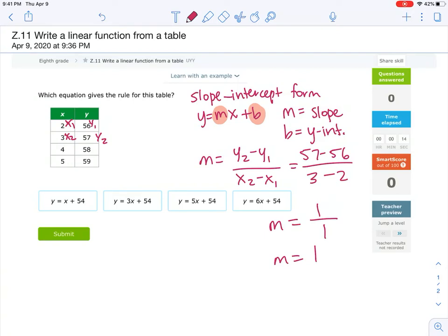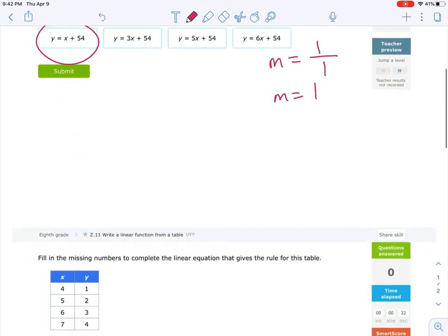For this problem, the only answer that has a slope of 1 is this one. So that's all we had to do. Since that is the only answer that matches the slope that we got, we select that choice and hit submit.